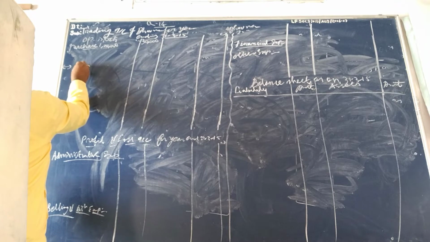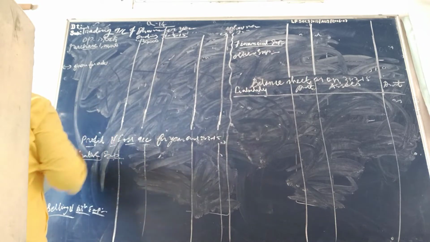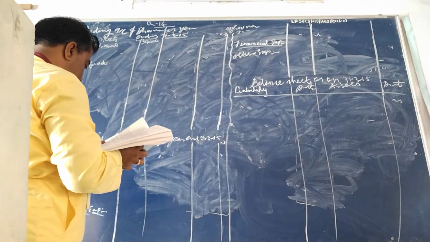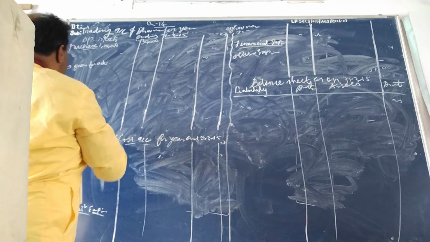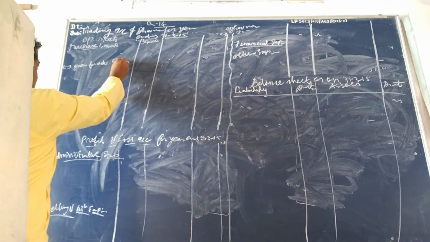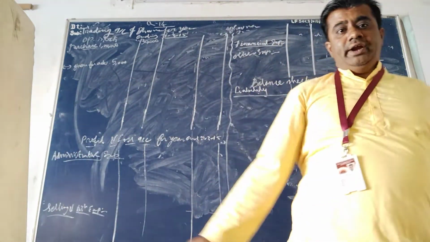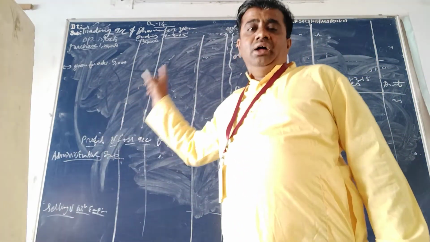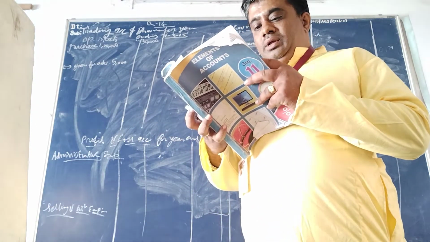Okay, goods given for advertisement, it is 5,000. Okay, we forgot to make the tick mark in the advertisement expense. Second entry will be in the advertisement expense, so make tick mark in the advertisement expense.